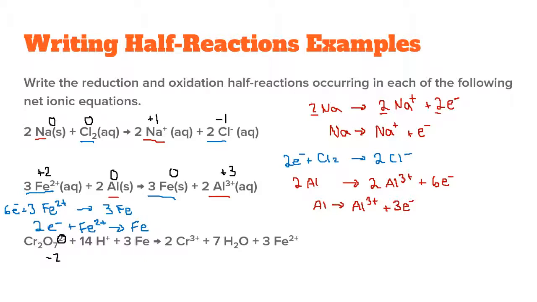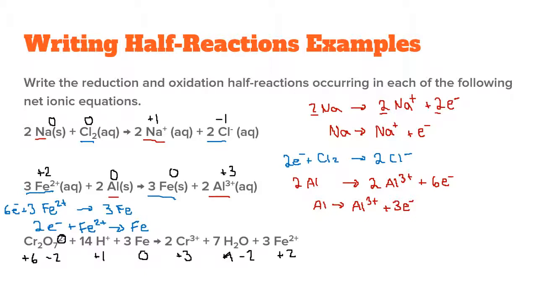So that means that each chromium is going to have to provide a +6. Hydrogen, this is an ion, so it's +1. Iron is neutral. Over here, chromium is +3. Hydrogen bonded to a nonmetal is +1. Oxygen is -2. And these ions are +2.